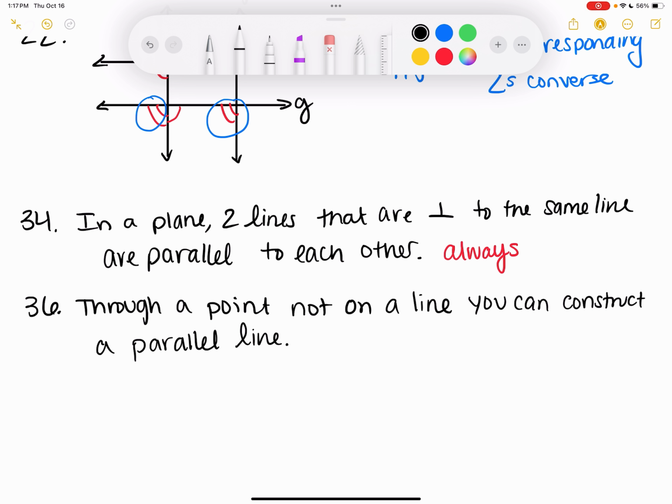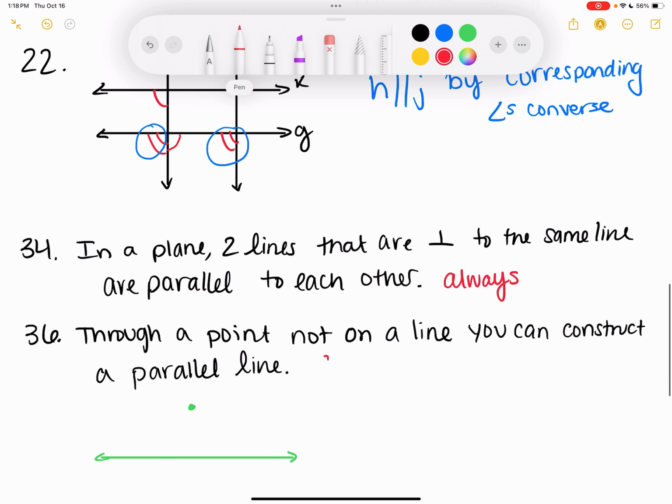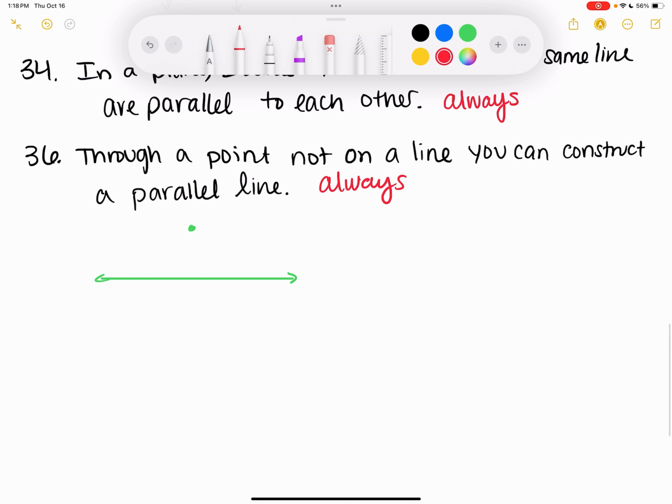So if you have a line and you have a point not on the line, can you construct a line through that point that's parallel to the other line? Yes. Yes, so this is always true. That's kind of a throwback to chapter 1, chapter 2, something like that.